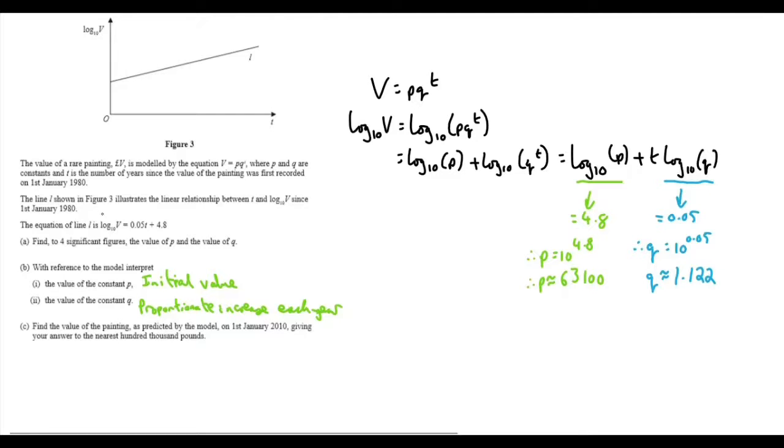Given that it started in 1980 and this is now 2010, that's 30 years later. So we'll say that v equals approximately 63,100 times 1.122 to the power of 30. And if you plug that into your calculator, to the nearest £100,000, you should get a value of 2 million.